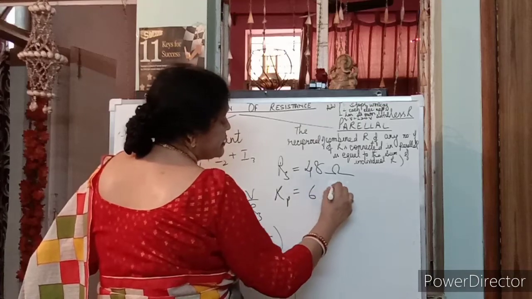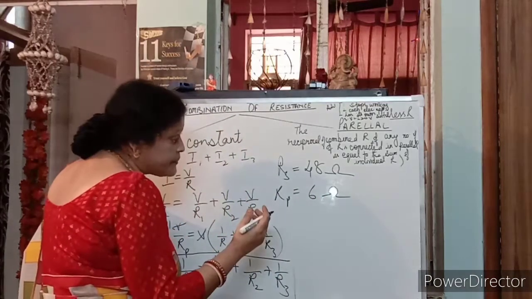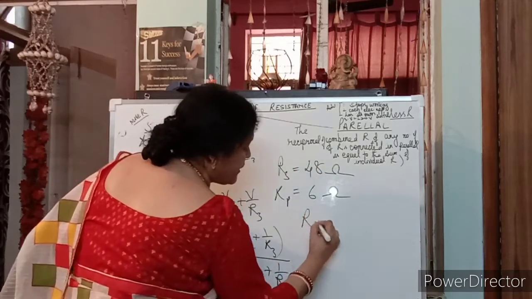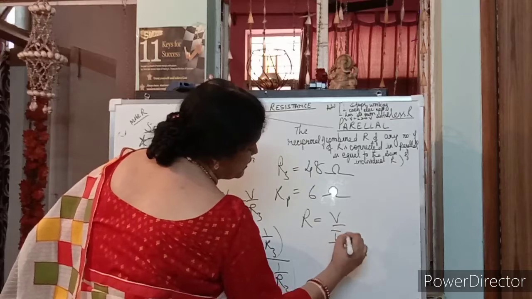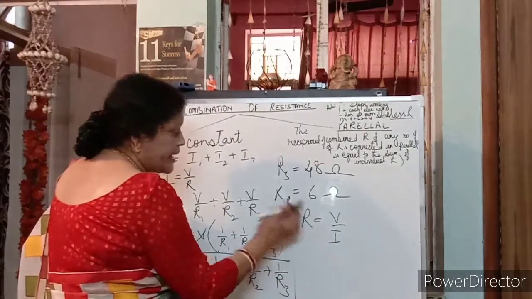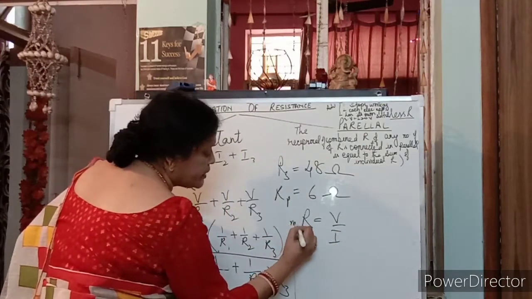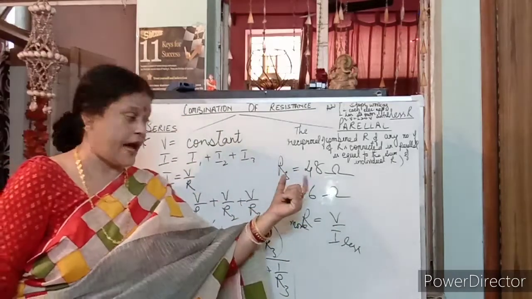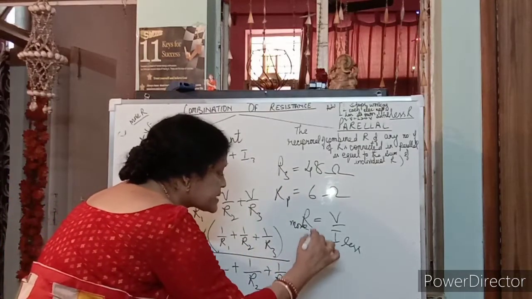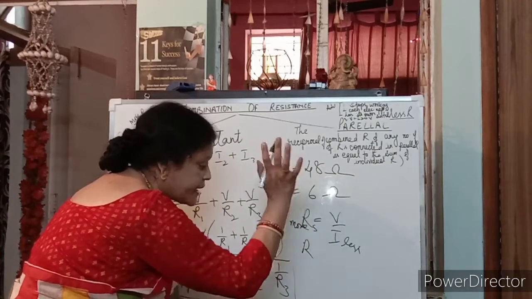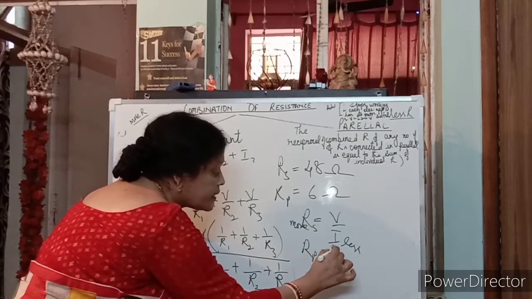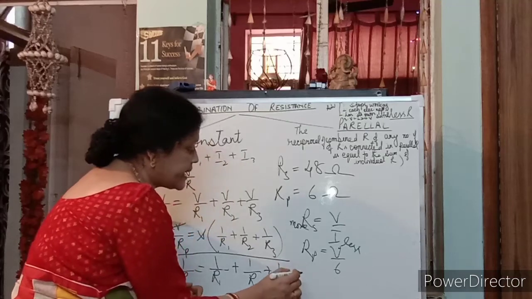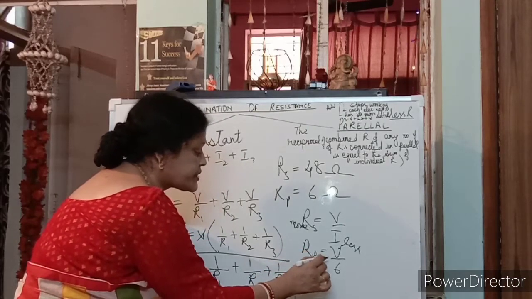Suppose I say the answer is 6 ohm. So what happens then? RS, RP. Here the value is more. We know by Ohm's law that R is equal to V upon I. It is inversely proportional. If RS is more, then current will flow less. In RP, the value is less, so the current is more.